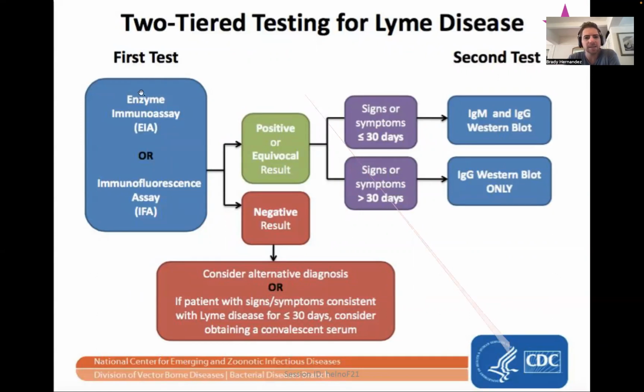The first test is going to be an EIA, enzyme immunoassay, or immunofluorescence. Then if it's positive, you go on to a second test where you could use a Western blot. Okay, Western blot is for proteins, technically antibodies for proteins. So you do an immunoassay, and then the secondary or confirmatory test, you'd want to use some sort of Western blot.